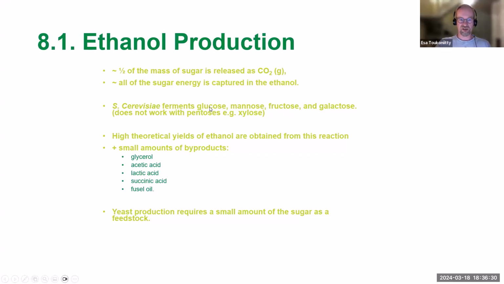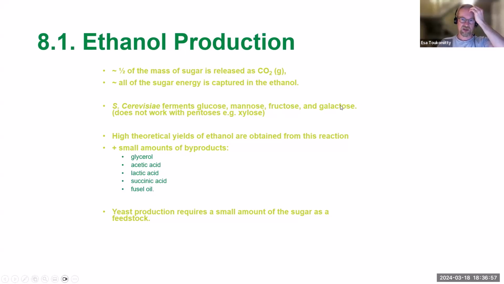So if you hydrolyze cellulose, you end up with glucose only. If you hydrolyze this lignocellulosic material or hemicellulose, hemicellulose contains also these other sugars and in addition to this xylose. And this xylose is a so-called 5-ring sugar. These are 5 carbon sugars.